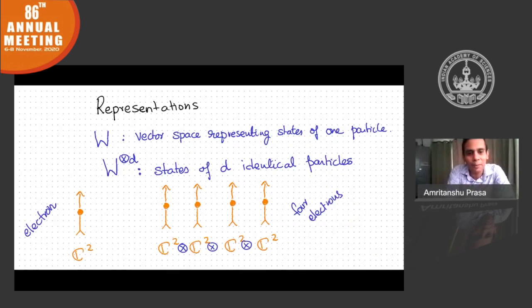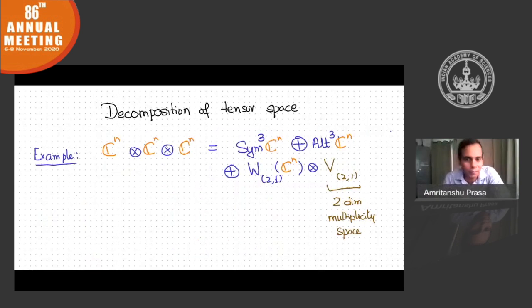Let's just take this example where we have 3 electrons. This is a little simpler. Now I have C^n tensor C^n tensor C^n, so I have a particle with n different states. This is an n-cubed dimensional vector space, and the symmetric group acts on this vector space by interchanging the three tensor factors.